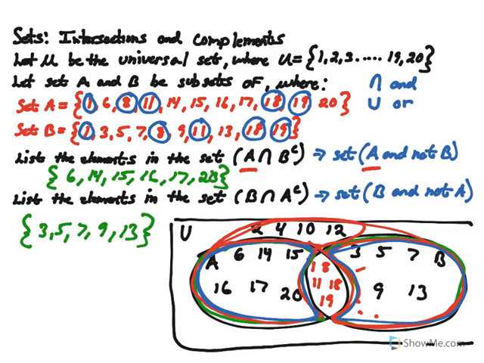Also keep in mind that a complement, for example, let's look at the first one, B complement, is written like that, but it's also written as B prime, and it's also written with a bar over it. All of those have the same exact meaning.